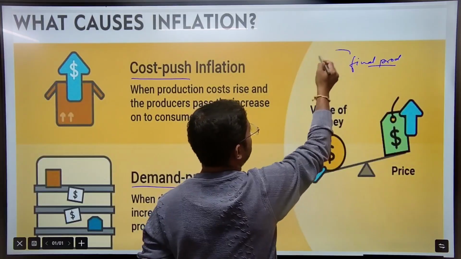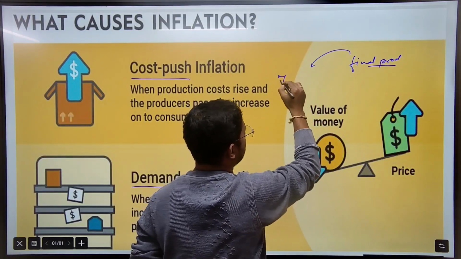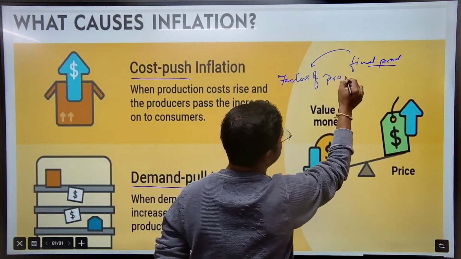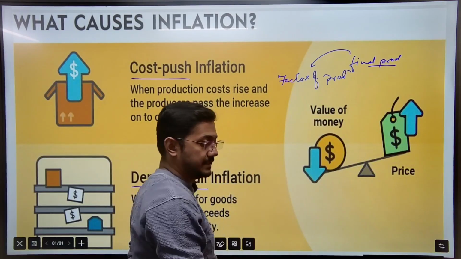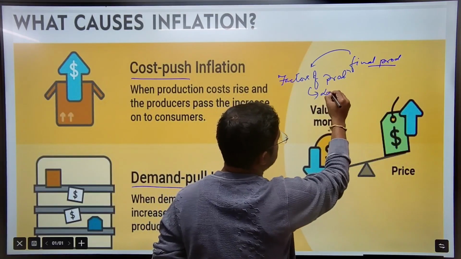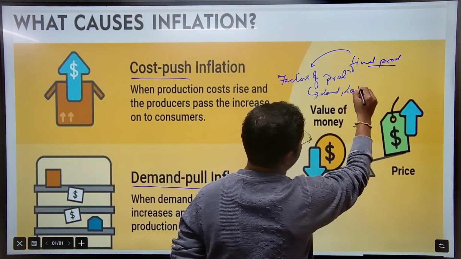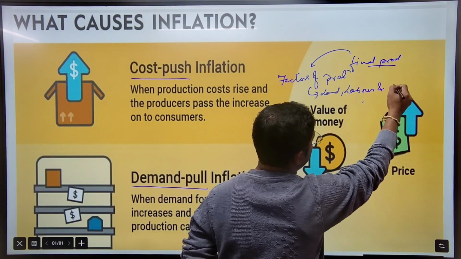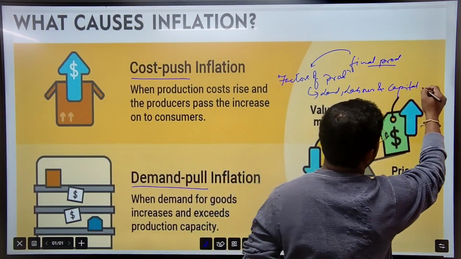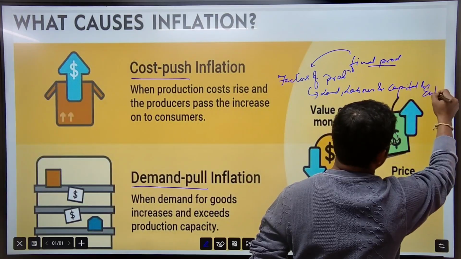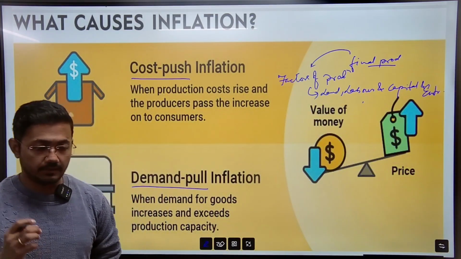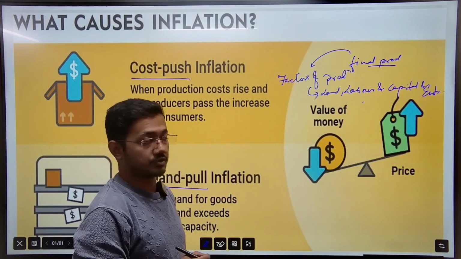To make the final product, some factors of production are needed. Now, what are the factors of production? It is land, labor, capital, and entrepreneurship. Land, labor, capital, and entrepreneurship are the basic factors of production.